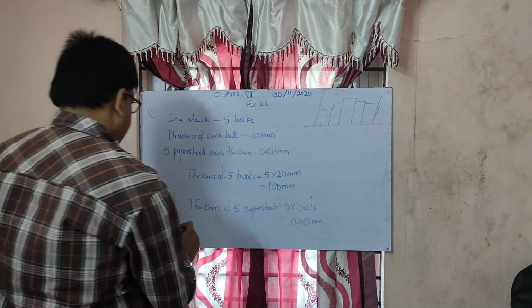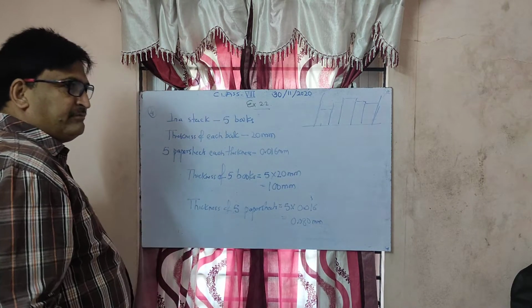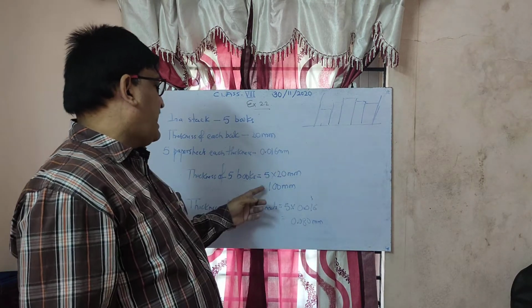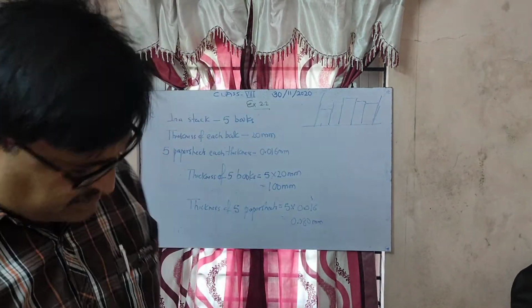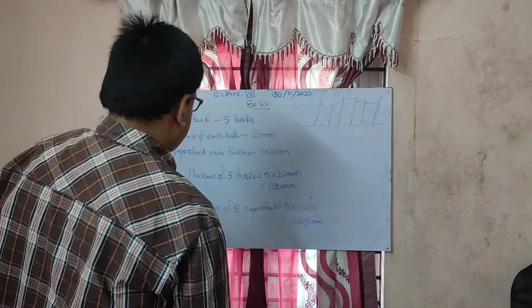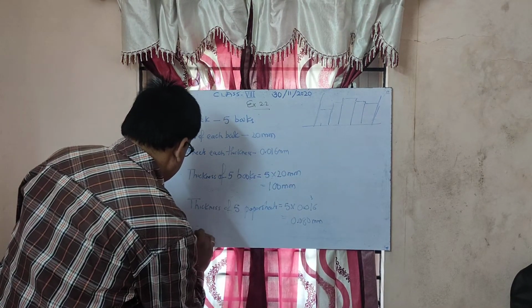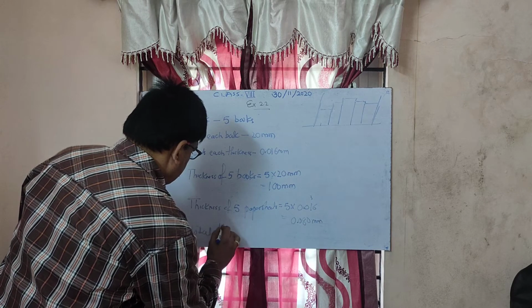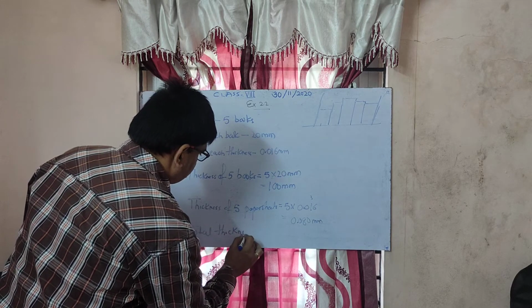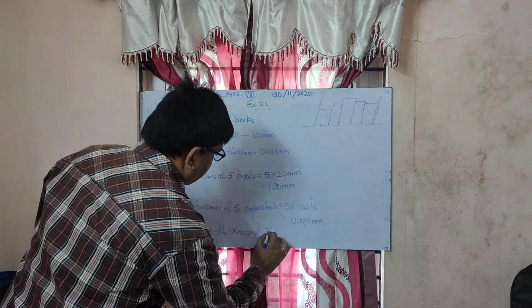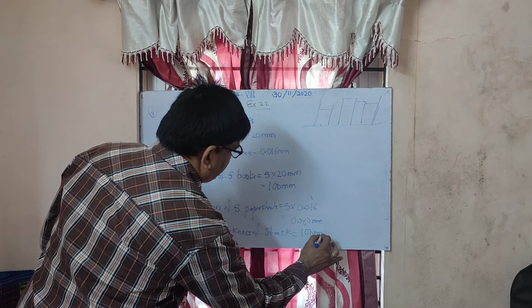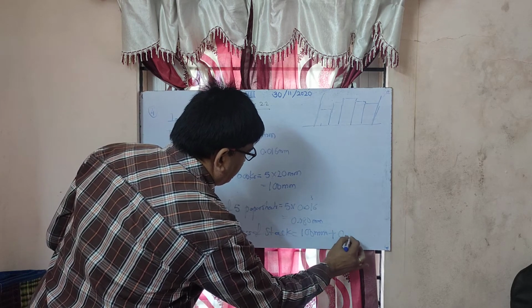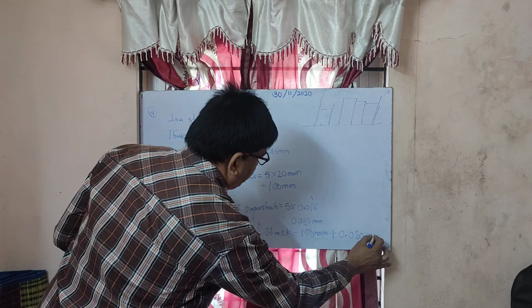Therefore, now what you have to do? You have to add this and this to get what is required. What is the total thickness of the stack? Total thickness of stack is equal to 100 mm plus 0.080 mm.